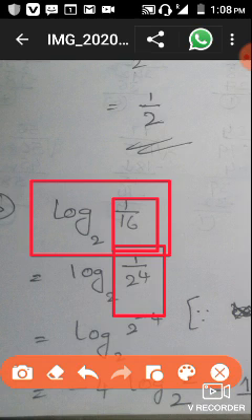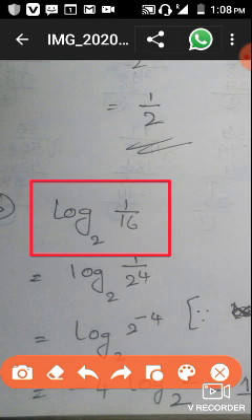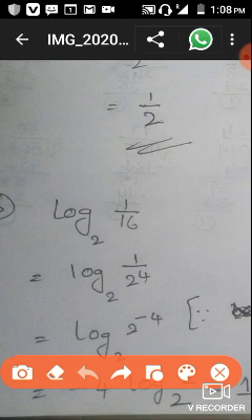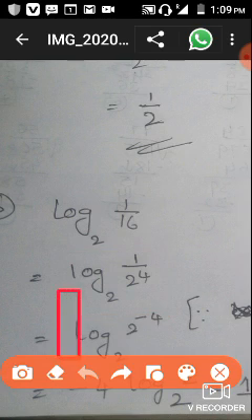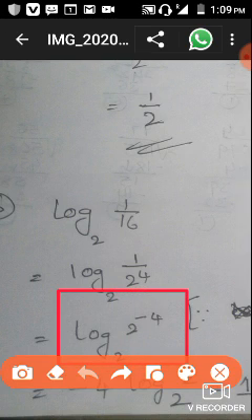In the next step, the remaining is the same: log of 1 by 2 to the power of 4 to the base 2 becomes log 2 to the power of minus 4.